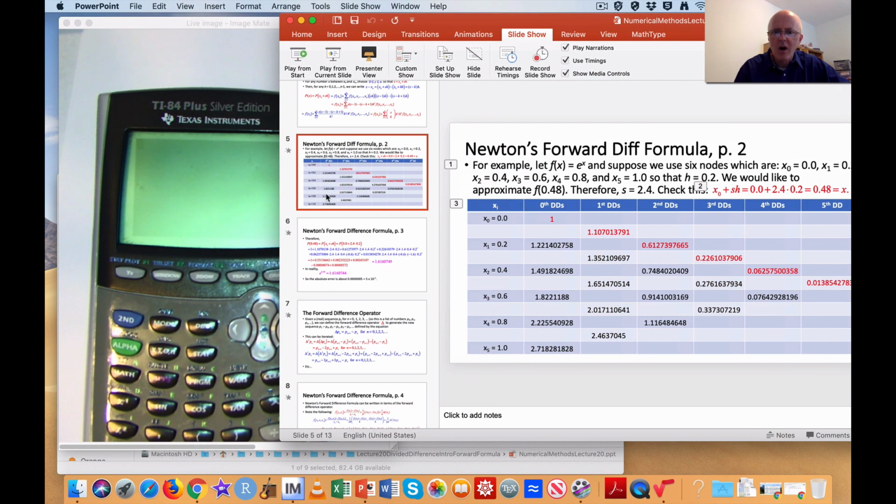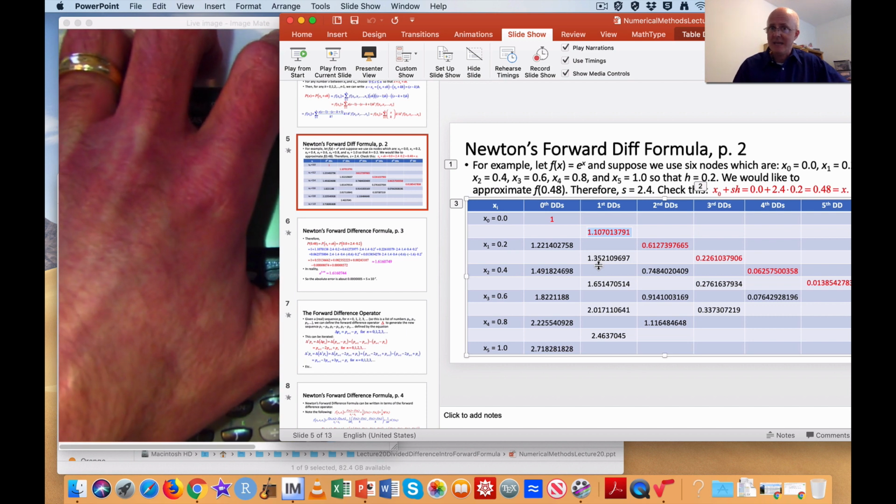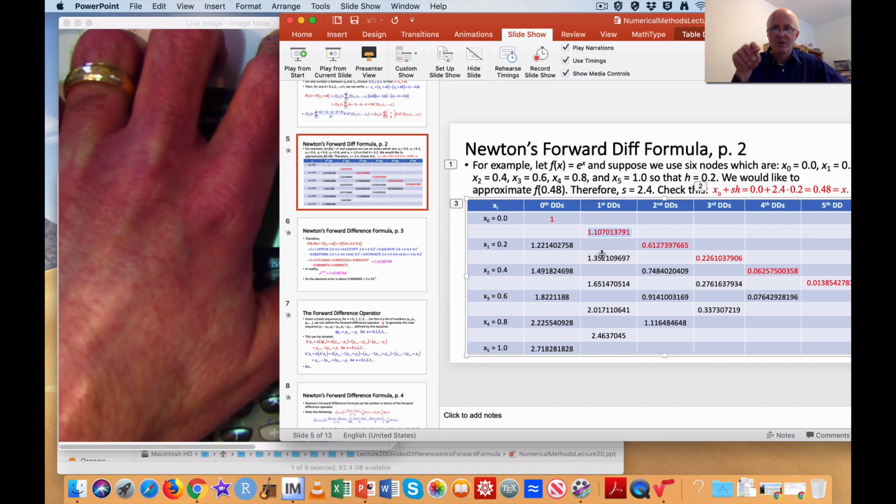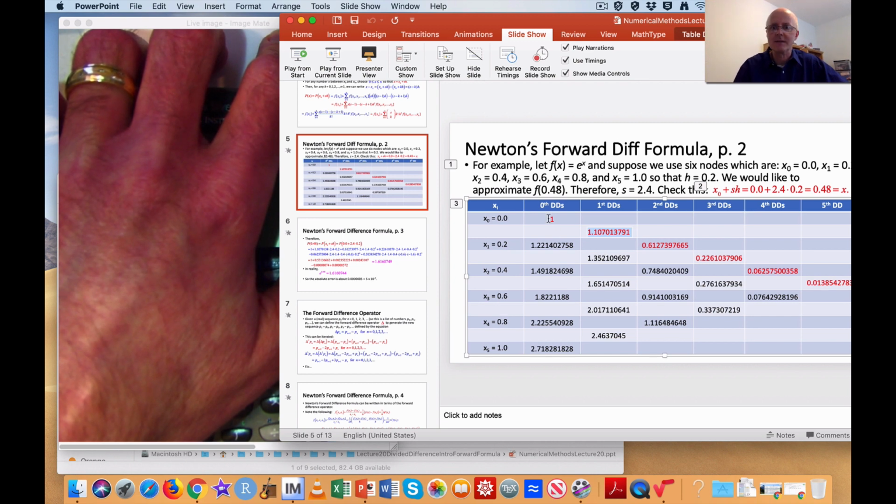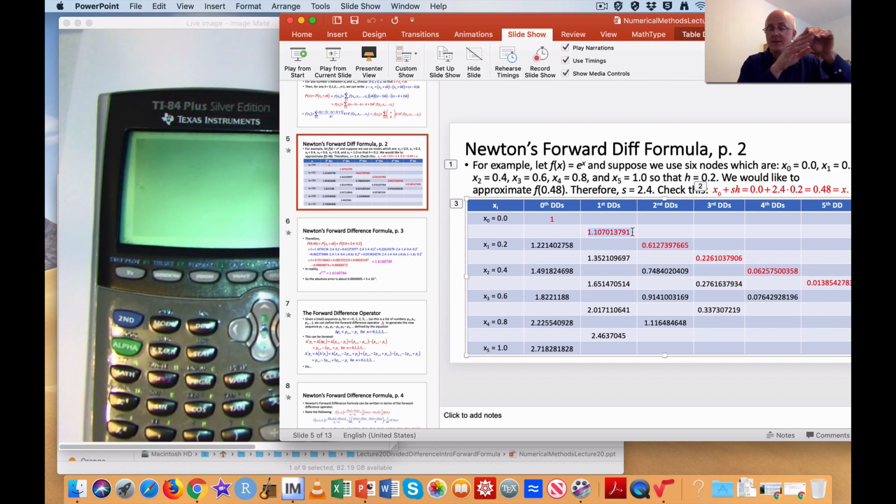It's a bit small, but let's check this first divided difference right here, this 1.107. That's f square bracket x0 comma x1. By the way, these numbers are the 0th divided differences. Those are the function values there that you can check at these different nodes. This one is f of square bracket x0 comma x1. That's going to be f of x1 minus f of x0 divided by x1 minus x0.